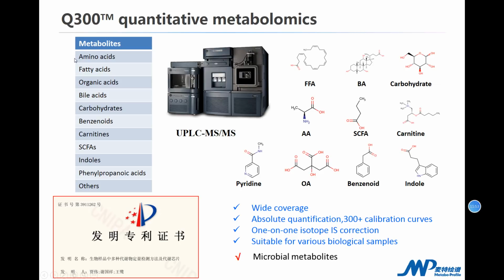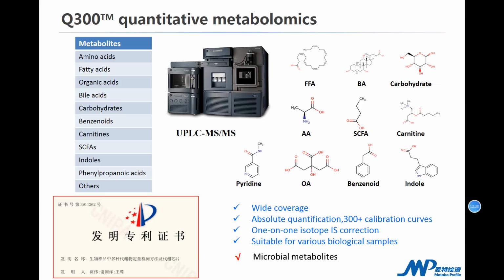The metabolites include amino acids, fatty acids, organic acids, bile acids, carbohydrates, benzenoids, carnitines, short-chain fatty acids, indoles, phenylpropanoic acids, and other metabolites. Important primary metabolic pathways such as glycolysis, the tricarboxylic acid cycle, and fatty acid oxidation are all included in this method.